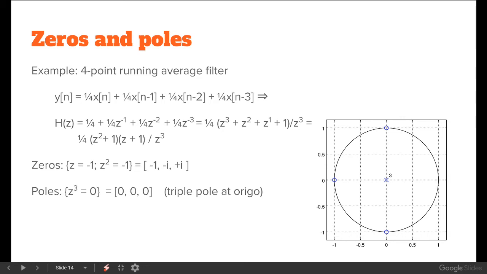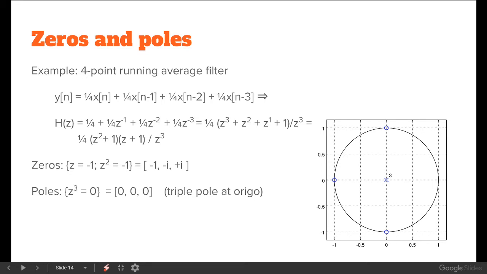When you set this to 0, you get the roots of that polynomial: minus 1, minus i, plus i. Any of those values will give you 0. So those are the locations of the zeros. Poles, meaning that z to the third exponent goes to 0, meaning that you have a triple pole at the origin.